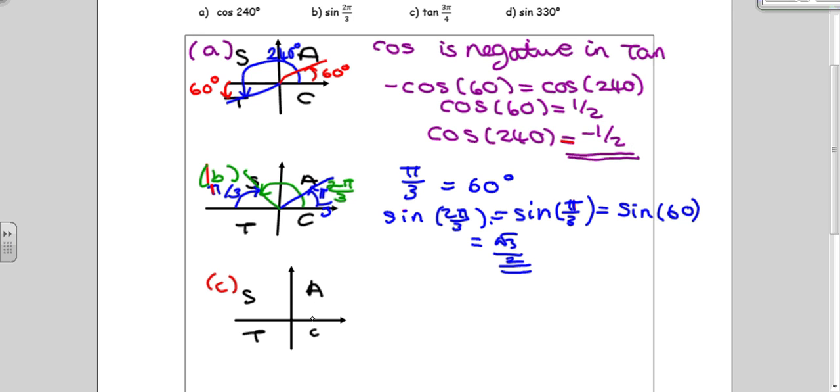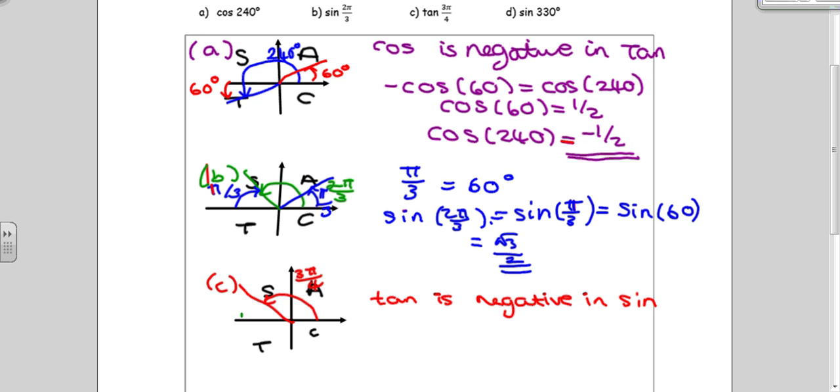So I'm going to go around to 3 pi over 4. And of course we know that tan is negative in sine.